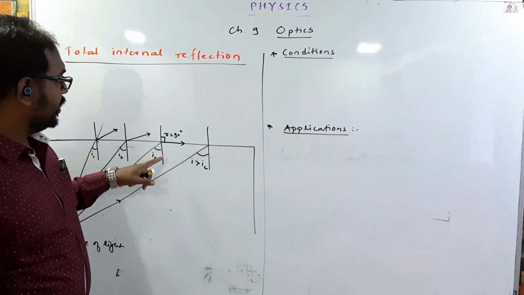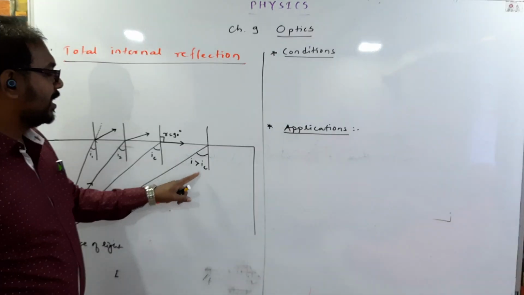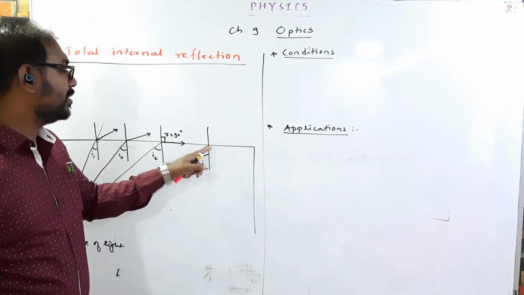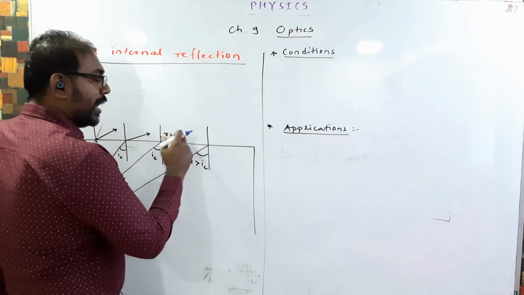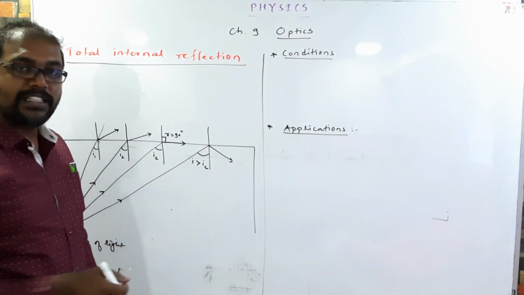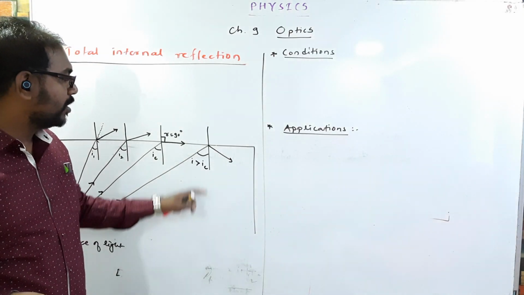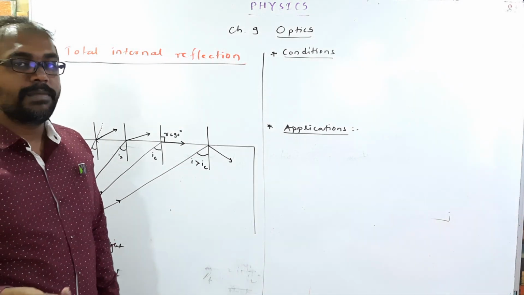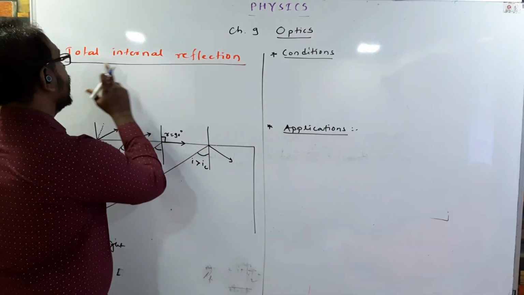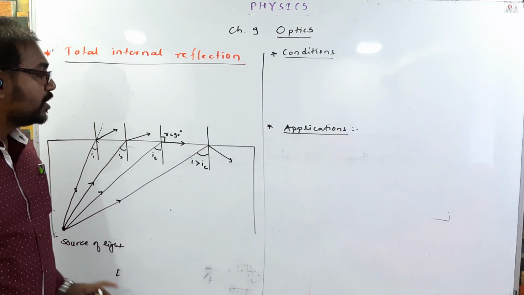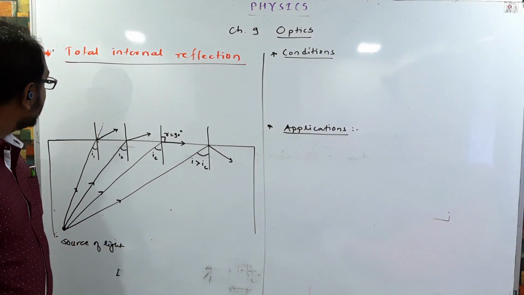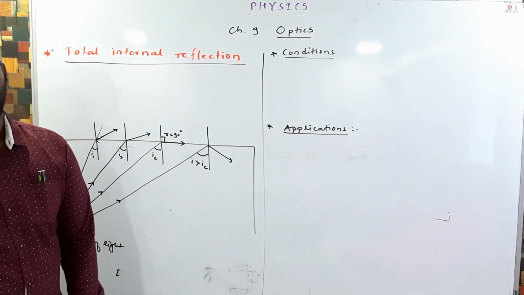As this angle is greater than this, the angle of refraction must be greater than 90. So the light ray is coming back in the same medium. If a light ray comes back in the same medium after bouncing back from the boundary, then it is not a refraction, it is a reflection. And this is called total internal reflection. Light is totally reflected internally. And this phenomenon is called total internal reflection.